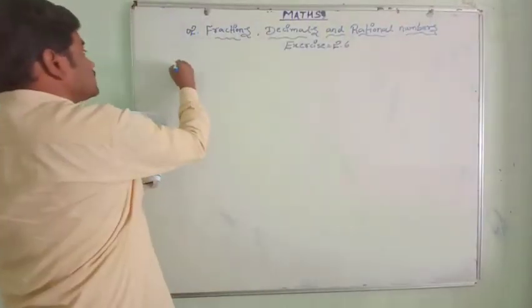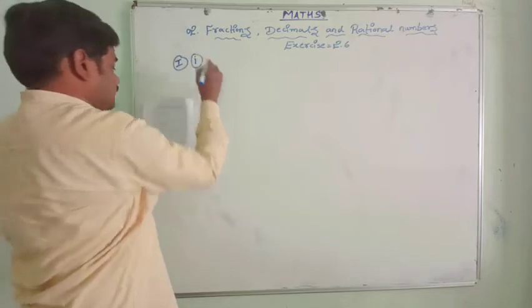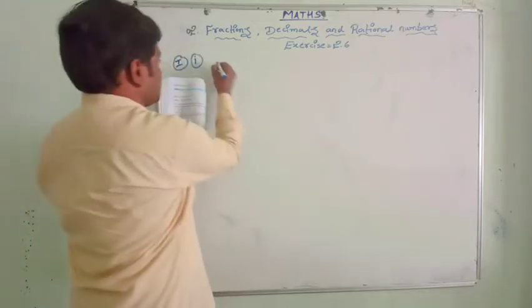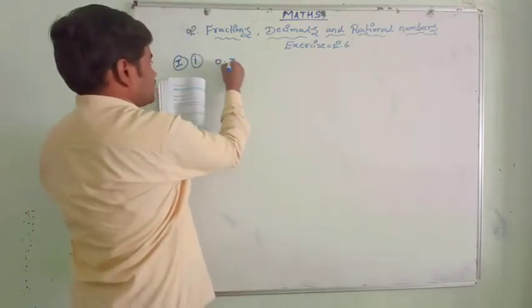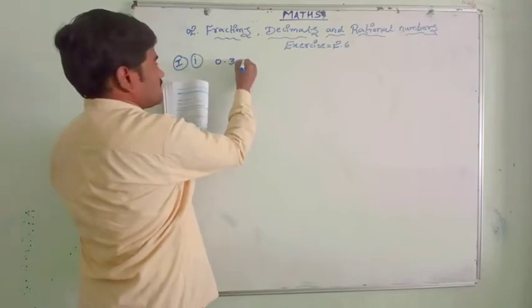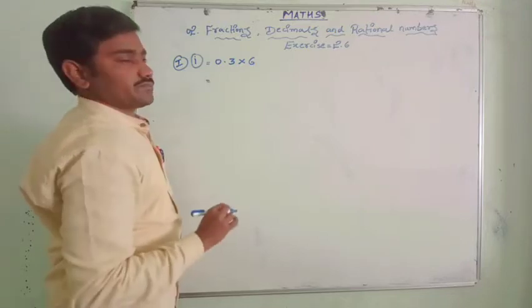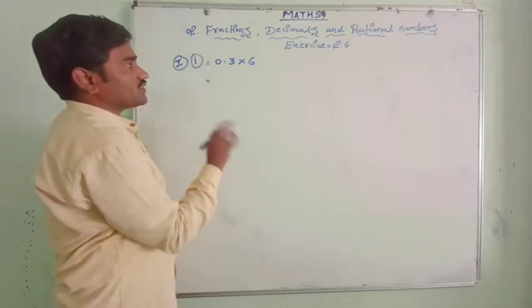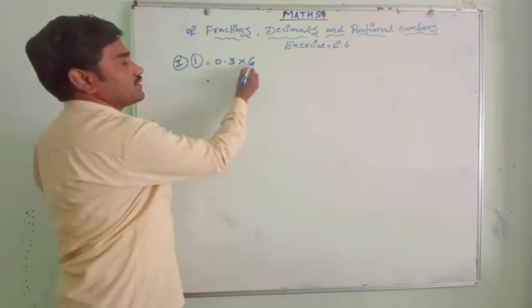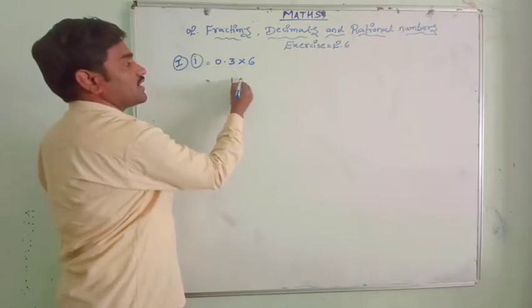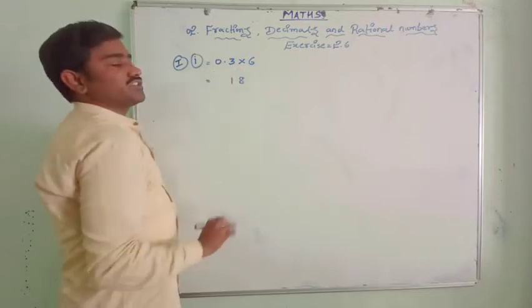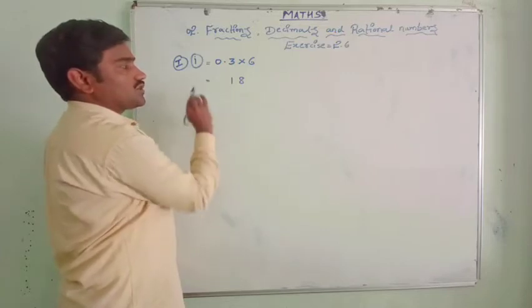Here the first question, solve the following. Let us multiply 0.3 into 6. So if you know the multiplication, do it. Here 6 3s are 18, 6 zeros are 0. 6 0 0 is not required, right?